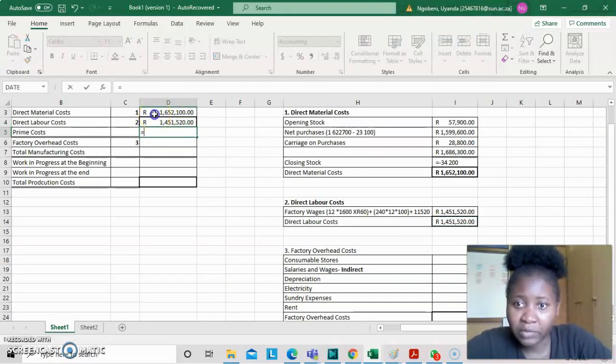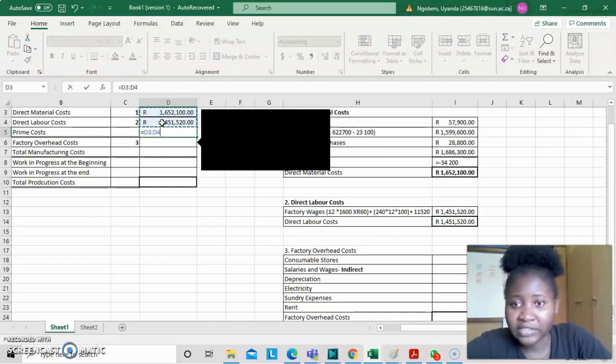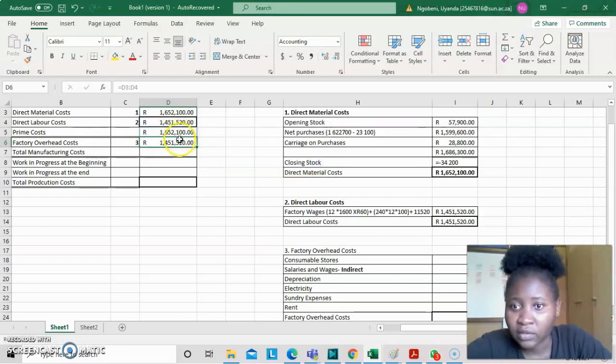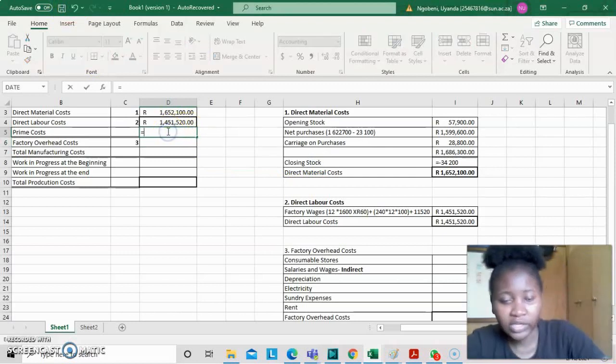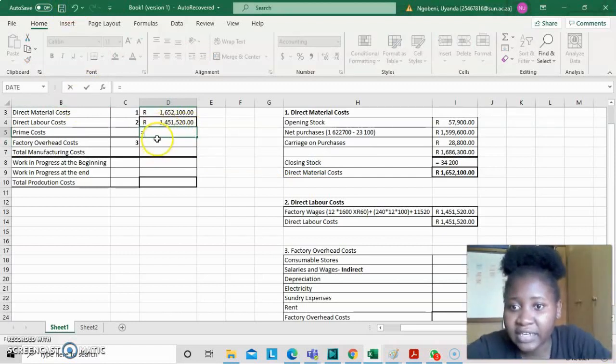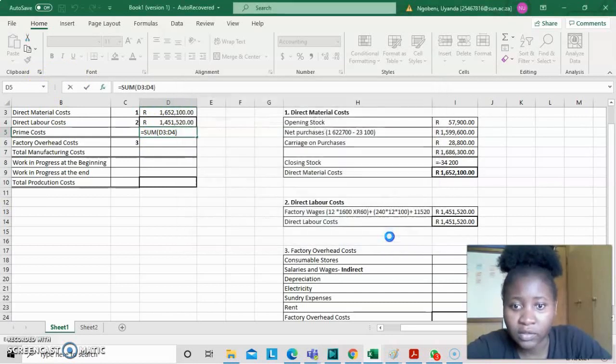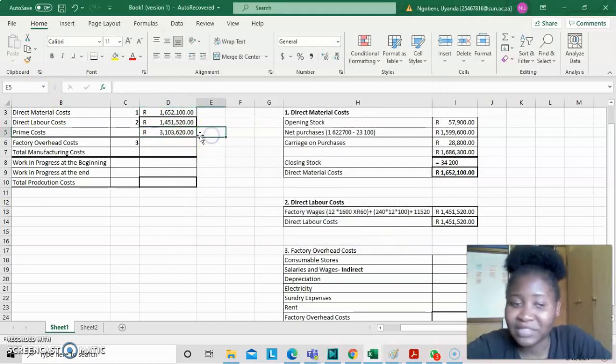As you remember, prime cost is more or less direct labor plus direct material.